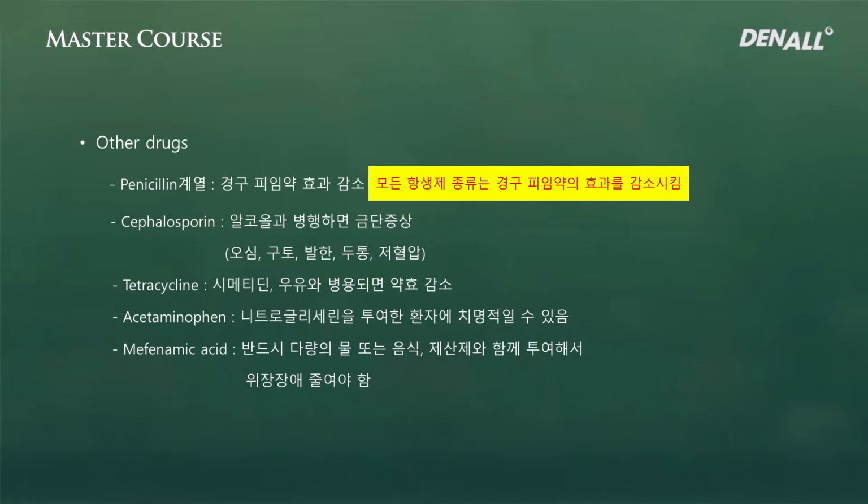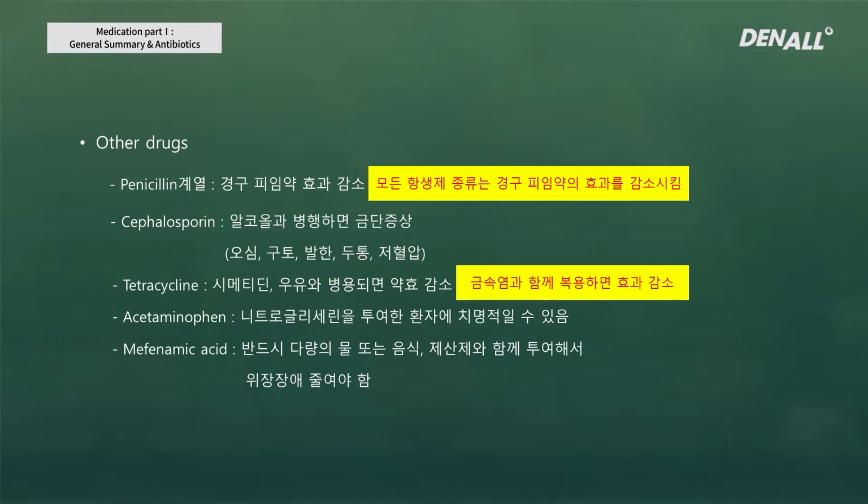Cephalosporin used with alcohol would cause withdrawal. Tetracycline antibiotic would lower the drug effect if used with cimetidine or milk, because when tetracycline is used with a chelate agent like metallic salt, which adheres to the tetracycline and gets discharged together, so there is no effect.